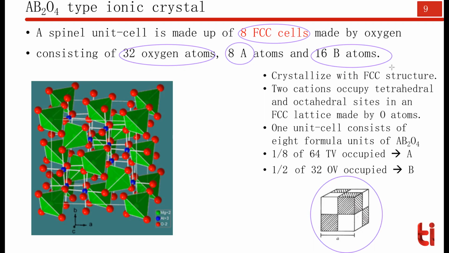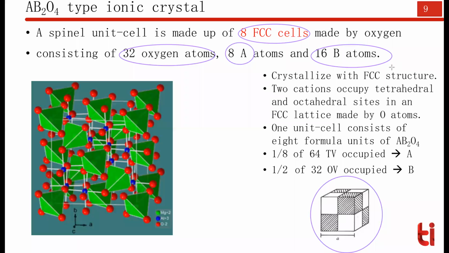Right? So in the larger unit cell, I have 32 regular lattice positions, which are already occupied by the oxygen atoms. And the larger unit cell, which is made up of 8 subunit cells of FCC, contains a total of 64 tetrahedral sites. And your A site is actually the tetrahedral site.